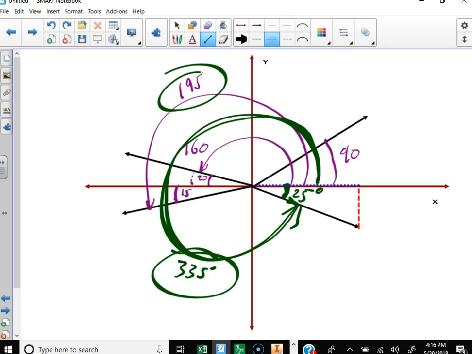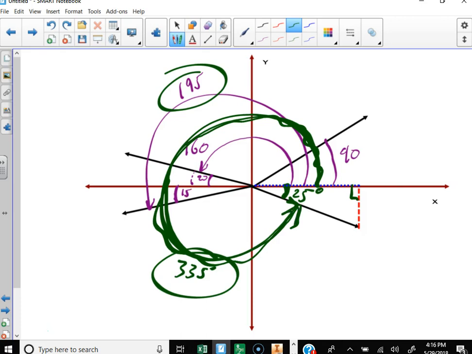And you have a right triangle, where this is the 90-degree angle. And while 335 is the angle from here all the way around, I really can use this angle right here and find stuff out using that.